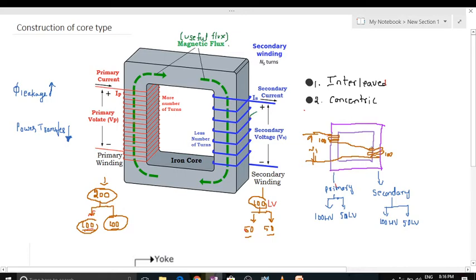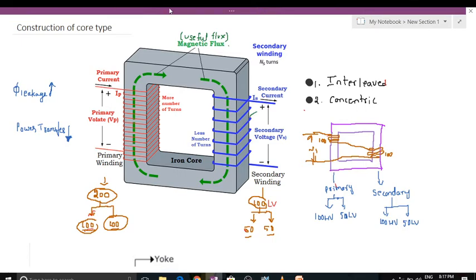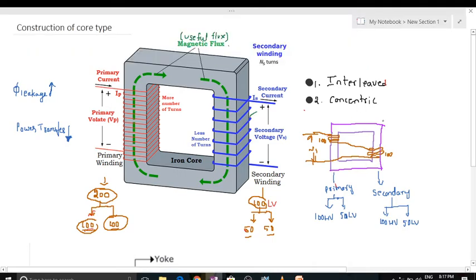Similarly, the secondary's 100 turns are split into 50 and 50. 50 turns are placed on the secondary limb like this, and the remaining 50 turns are placed on the primary limb like this.